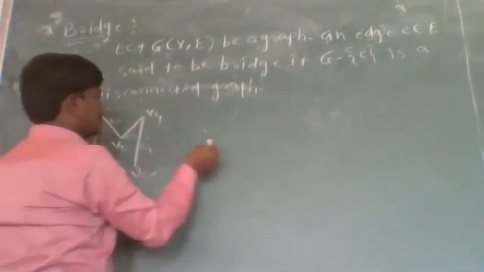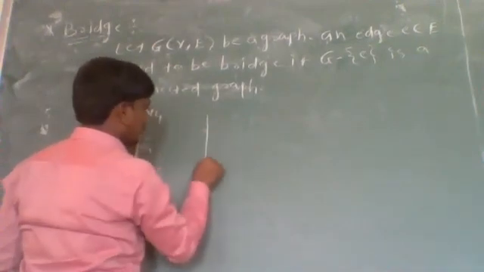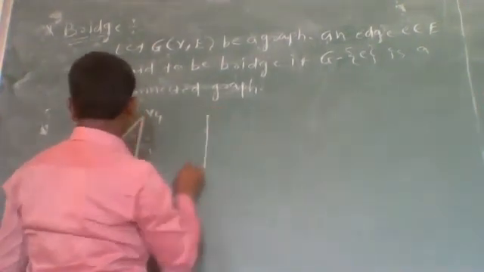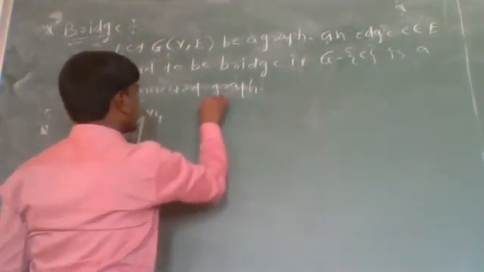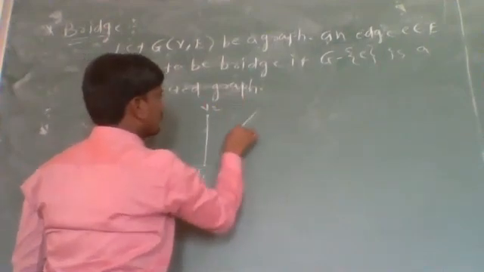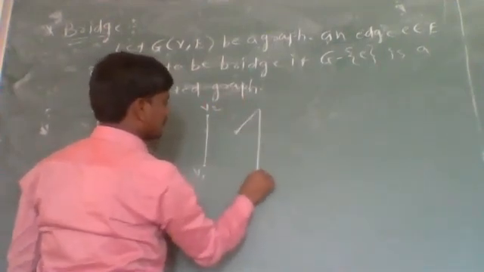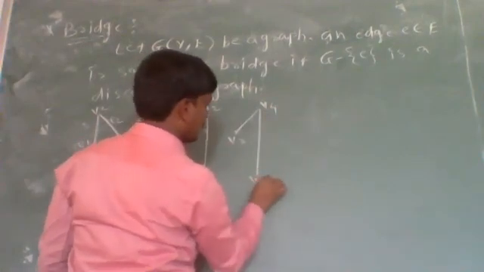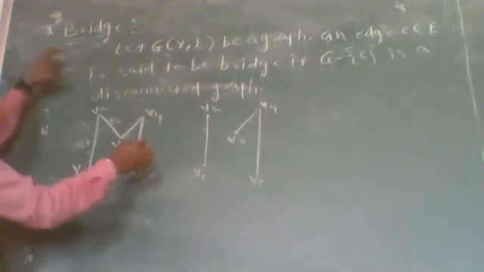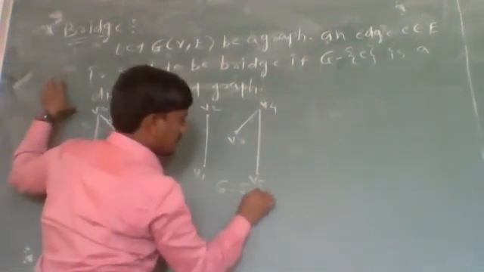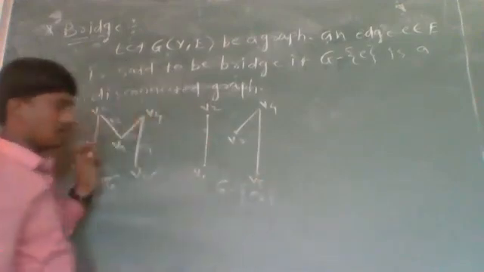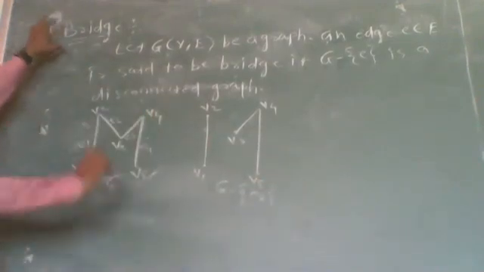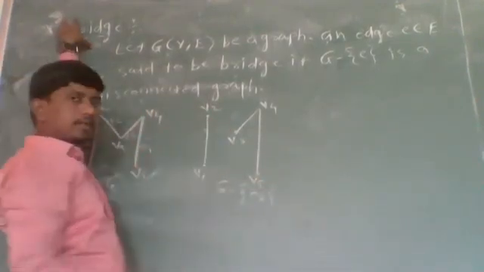That is, if we remove an edge E2 from graph G, then we get V1, V2, V3, V4 and V5. Then G minus E2 is a disconnected graph. So by the definition of bridge, E2 is a bridge.